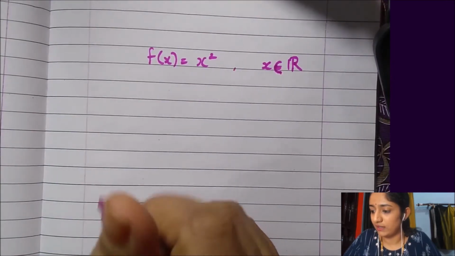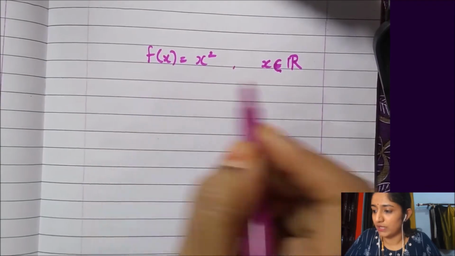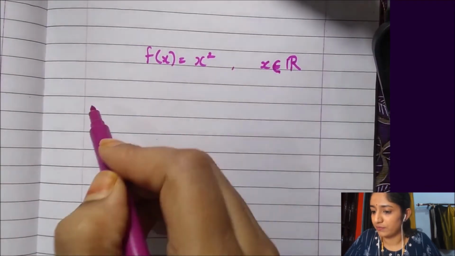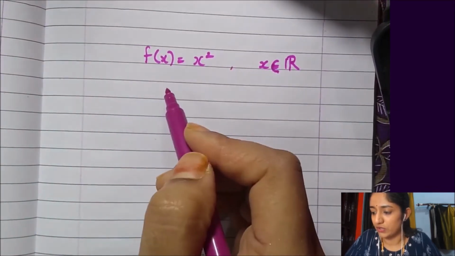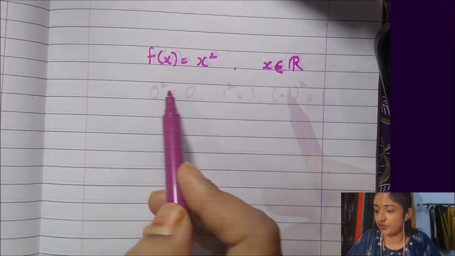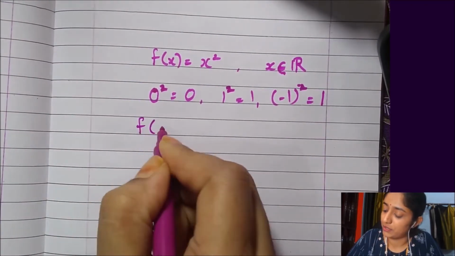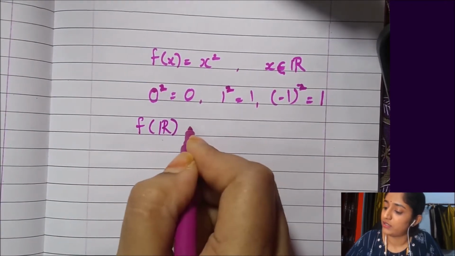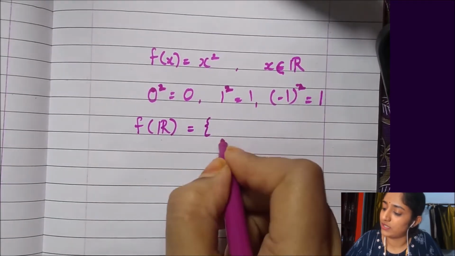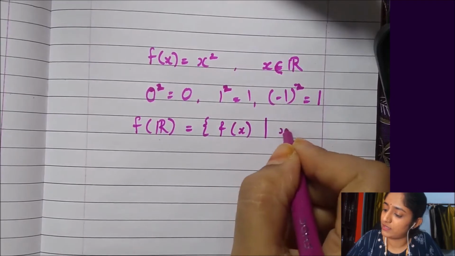Now let's see how this function behaves. Okay, we already know that the negative numbers are never squares of anything, right? So basically its image f of capital R, we know already what set this is, f(x) such that x is a real number.